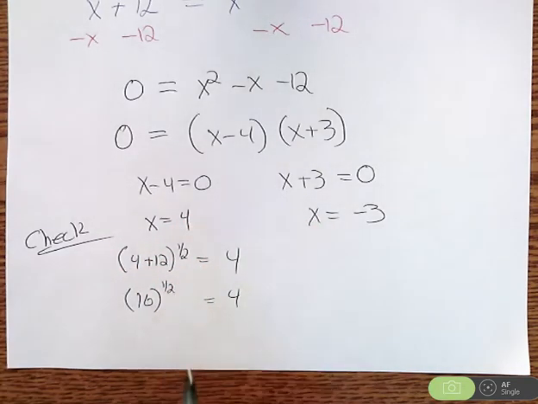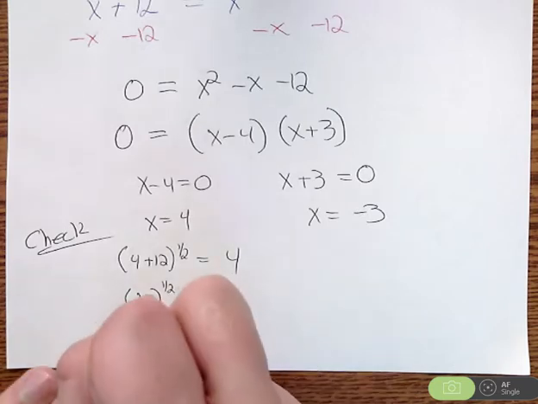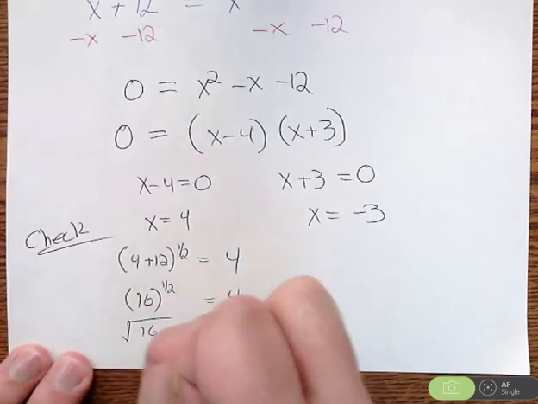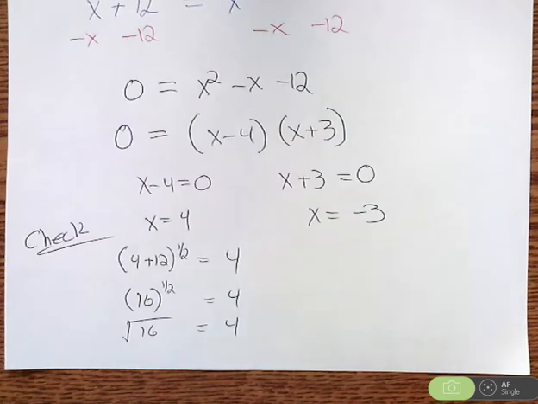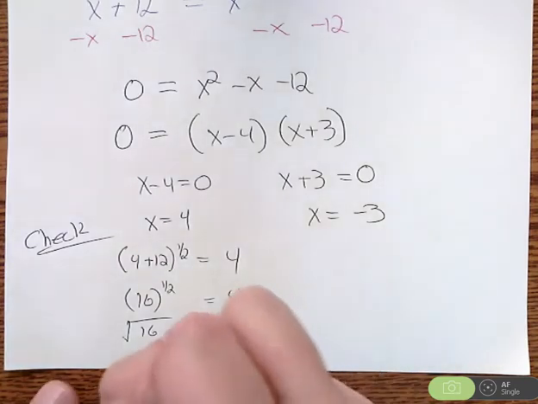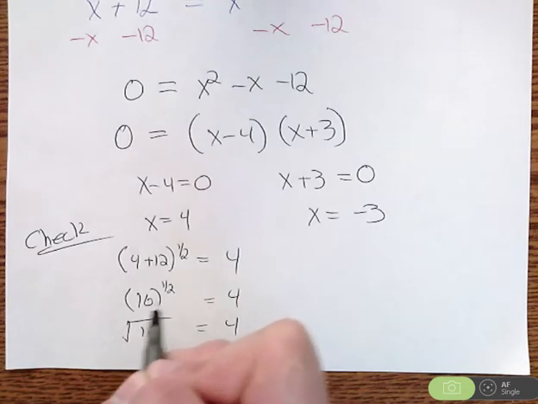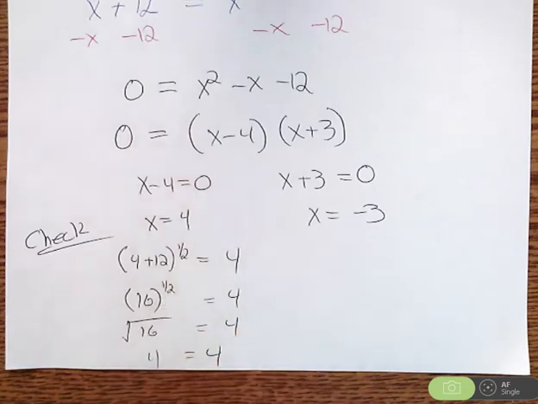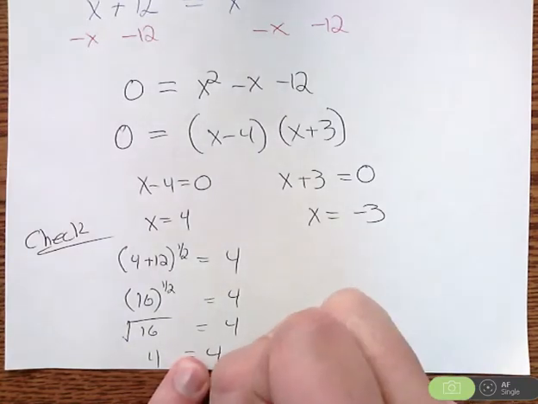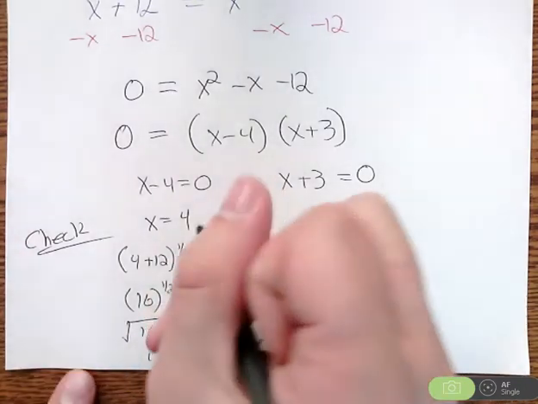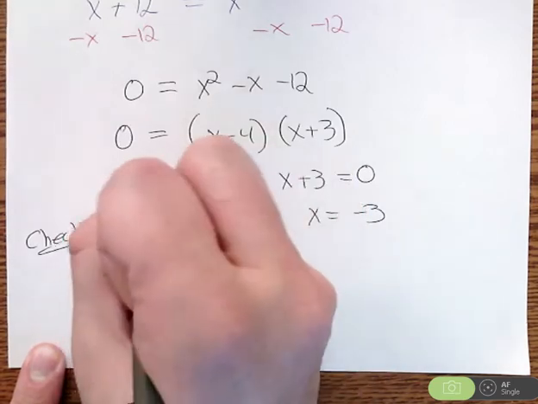Remember, anything to the 1/2 power can be switched to radical form, which is just taking the square root of 16. The square root of 16 is 4, so we get 4 equals 4. You can also type it into your calculator with the 1/2 power and get 4 as well. So that works, and x equals 4 is a solution.